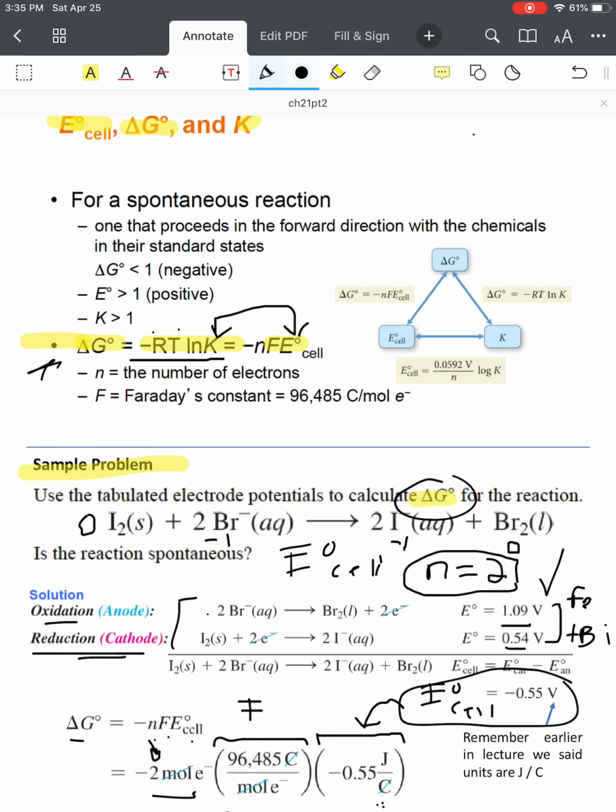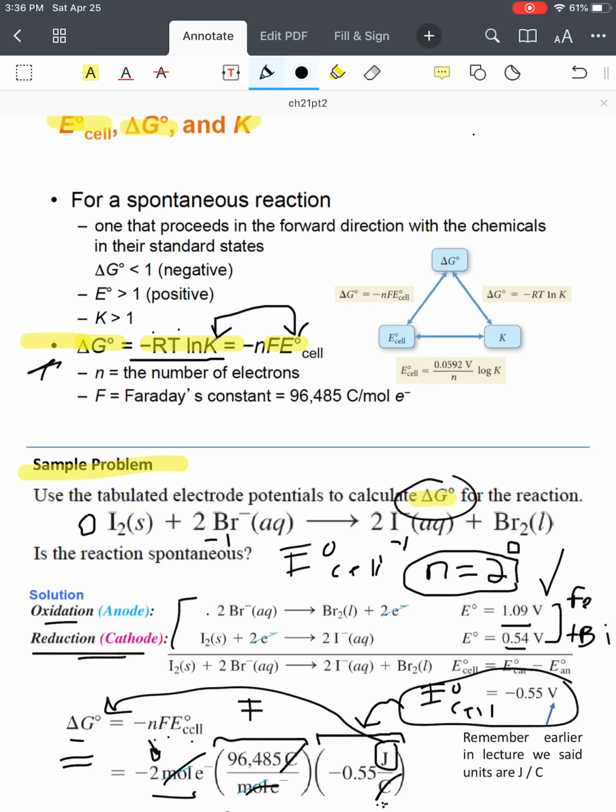Remember, it's the energy required to move a coulomb of charge through a circuit. So it has joules per coulomb units. And now that shows up here, just to show us that the coulomb units will cancel, and the moles of electrons will cancel. And in doing so, we get a delta G with energy units, which is what we should have, in joules.